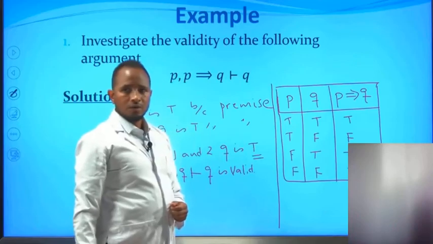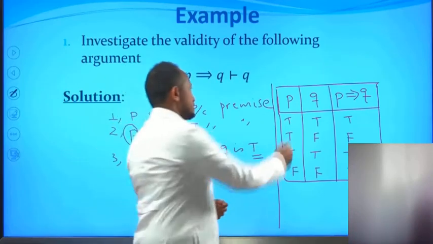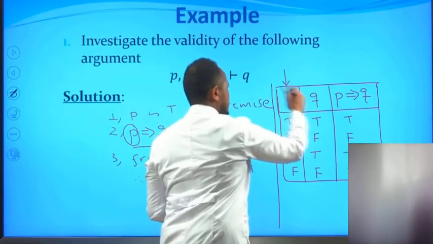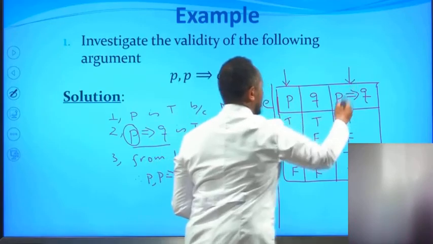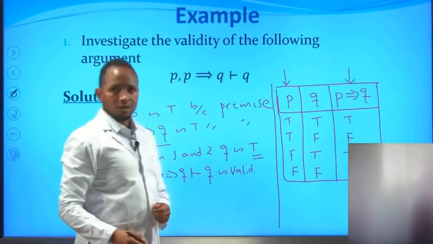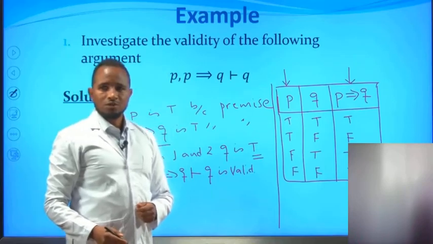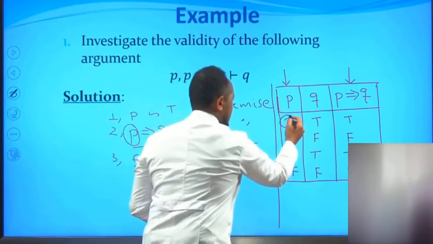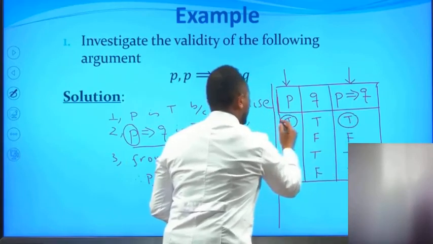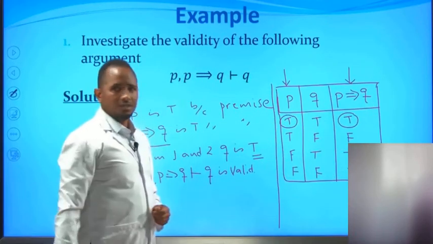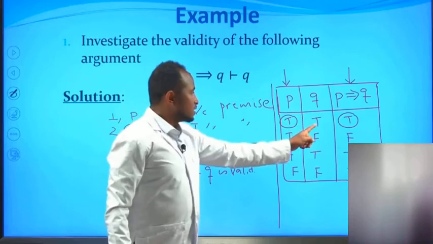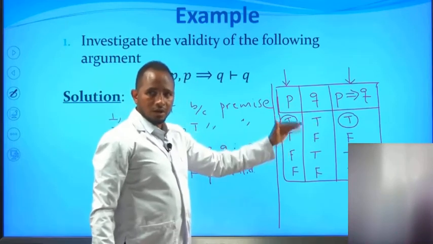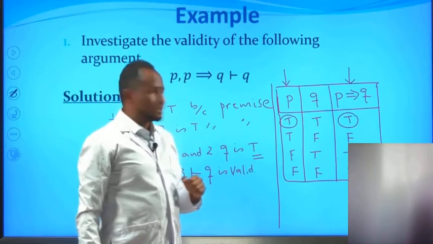Now, what are our premises? The premises are P and P implies Q. So we assume these to be true. Therefore, P is true and P implies Q is true. This is the first row, and the conclusion Q is true. Let's check all possible combinations.